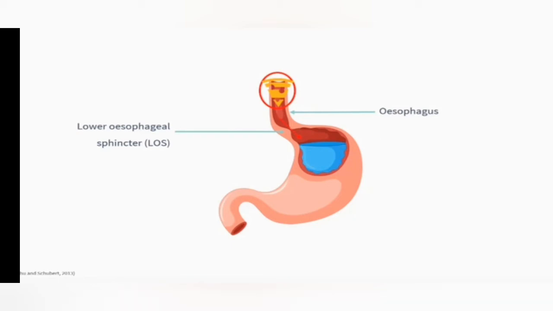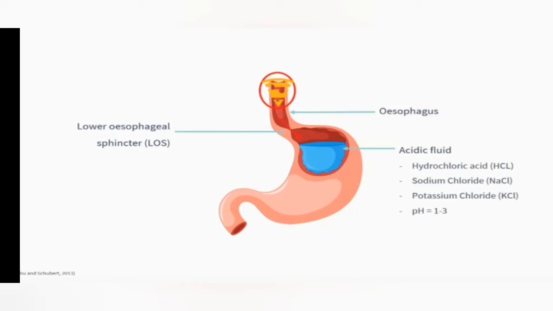The last part of the stomach turns into the duodenum and opens into it, and there is an upper esophageal sphincter.